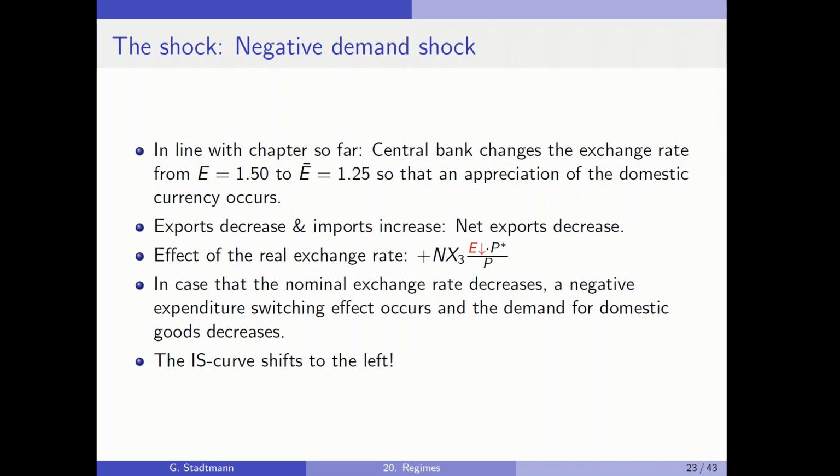And you know that the real exchange rate is included in the IS relationship. The real exchange rate also decreases, and therefore this negative expenditure switching effect occurs. So exports decrease, imports increase, and the demand for domestic goods decreases. The IS curve shifts to the left.